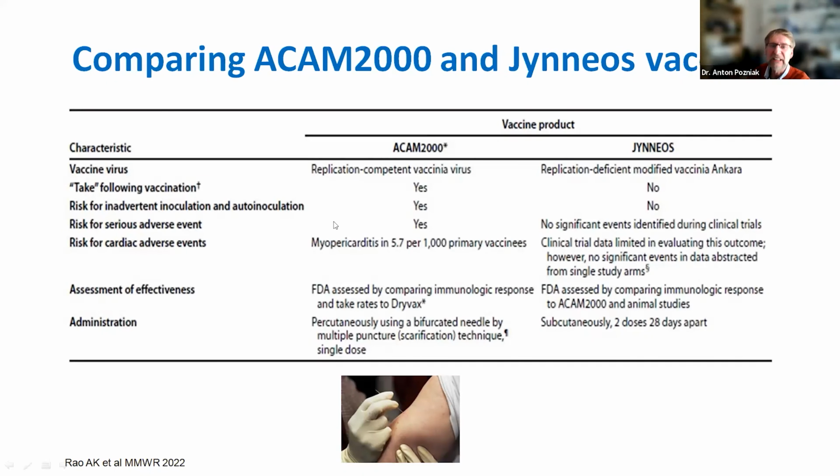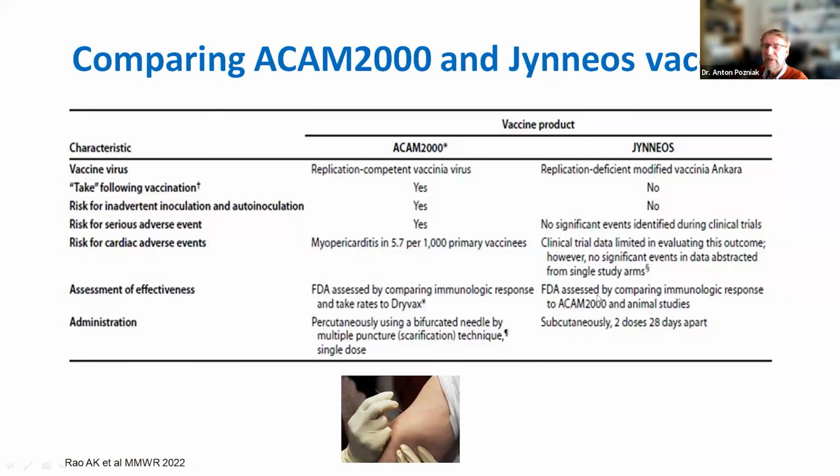Significant events can occur with the live virus, including myopericarditis. There's very limited data on the Jynneos, but no real significant effects. And on the effectiveness, it's very interesting that the immunological response to the Jynneos vaccine in HIV patients doesn't look as good after one dose, but after 2 doses is better.